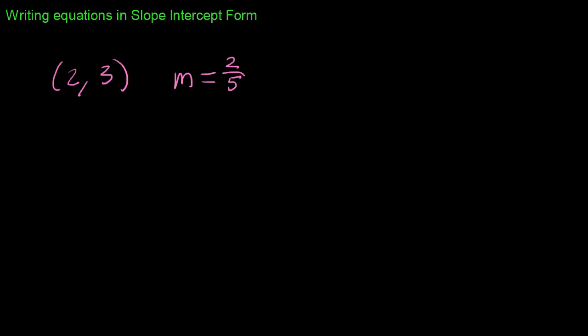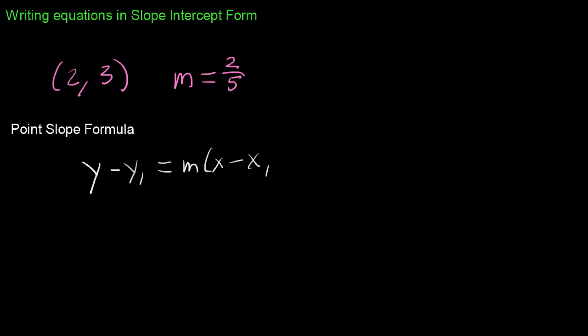So there are two major ways to do this, and I'm going to show you both on this very simple example to start with. I'm going to show you my favorite first. My favorite involves using a different formula for the equation of a line called the point-slope formula. It looks like this: y minus y1 equals m times x minus x1.